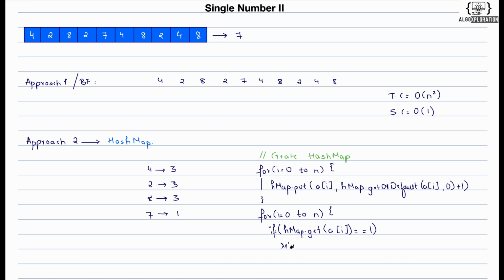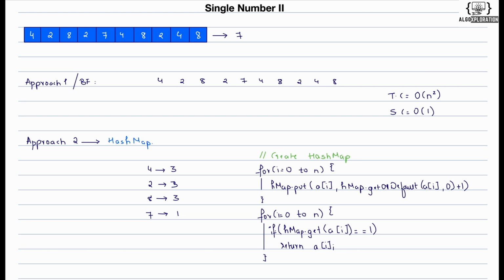So return a of I. That's it. If it is not equal to 1, then you have to simply move forward. Okay, so that's it. This is the code, or let's say pseudo code.